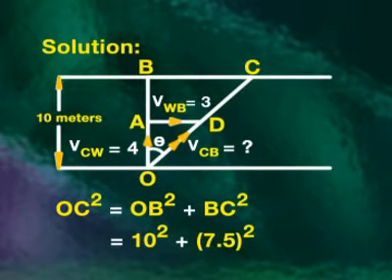Alternatively, we can apply the Pythagoras theorem to triangle OBC as follows. OC squared equals OB squared plus BC squared. This equals 10 squared plus 7.5 squared.